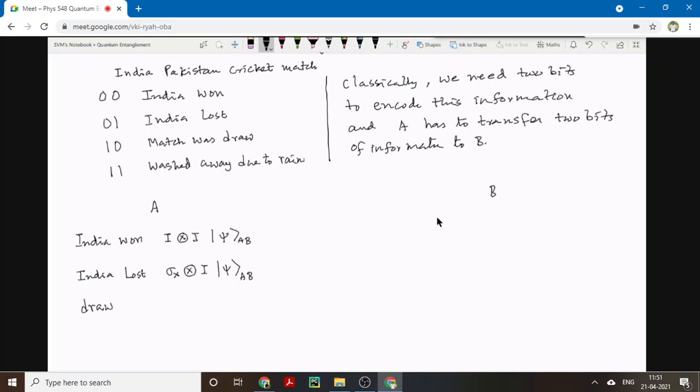Then I can have this one as sigma Z cross I on psi AB. And for washed away, I can call this minus I times sigma Y cross I on psi AB.